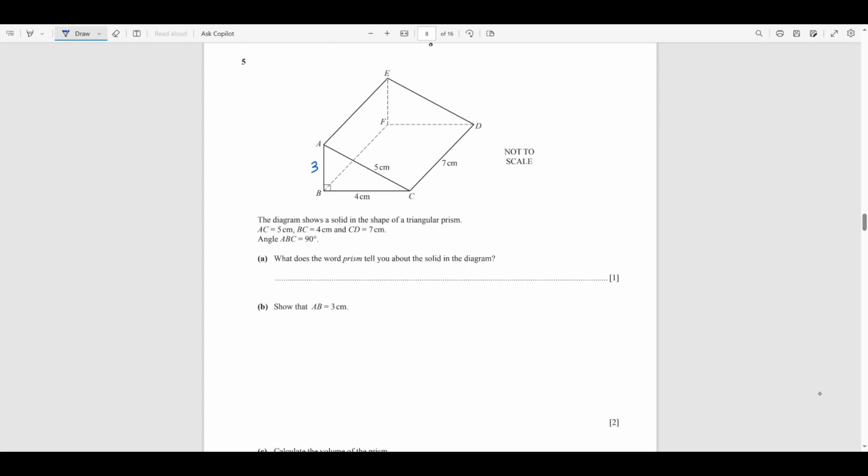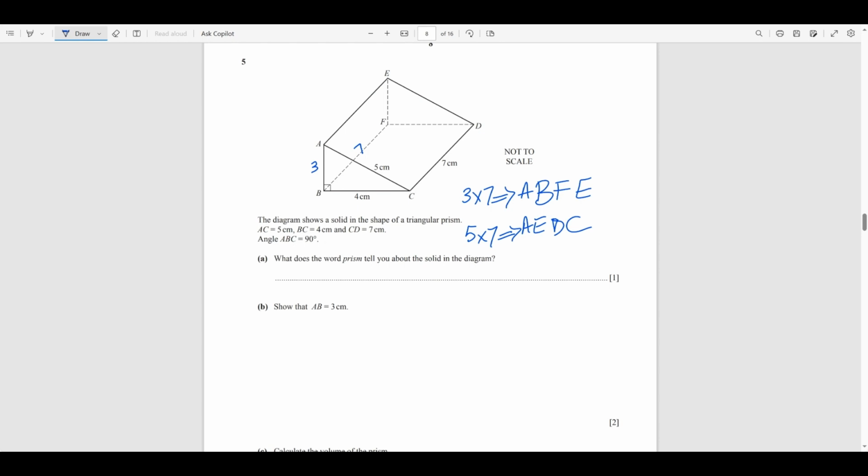So DC is 7, so BF is also going to be 7. When they're talking about 3 by 7, they're talking about the rectangle ABFE. And the other rectangle drawn was 5 by 7, and that is the rectangle AEDC. This is the whole rectangle that they are talking about, the second one, right?